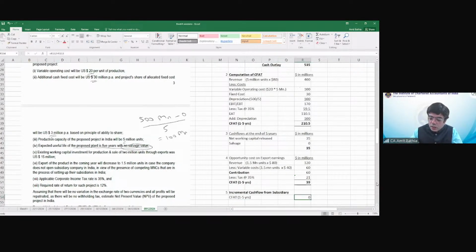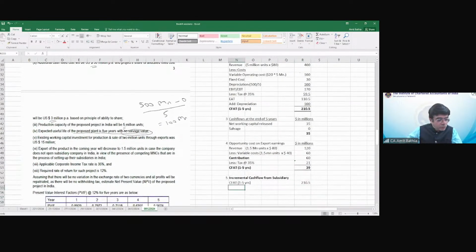First of all, this is going to be 210.5 less the CFAT for 1 to 5 years from exports. This is my opportunity cost, that is 39. So net cash inflow or incremental cash inflow will be 171.5.